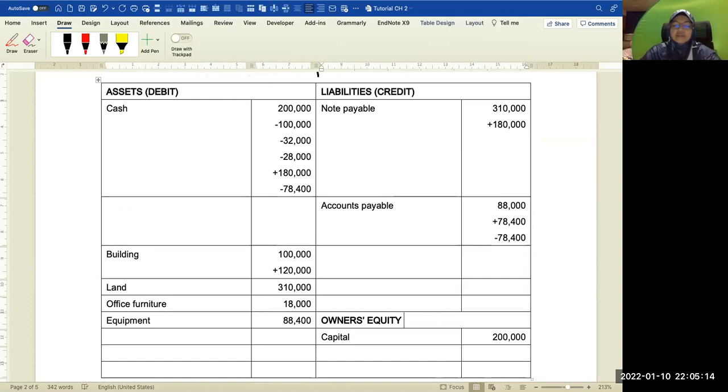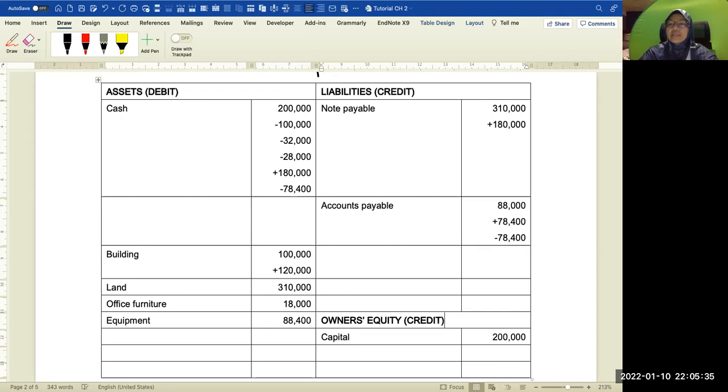Credit? I guess it's credit, right? Credit. Why credit? Because it's on the credit side of the accounting equation. Remember the equation, asset equals liabilities plus owner's equity. So if asset is a debit, then liabilities and owner's equity must be on the credit side.